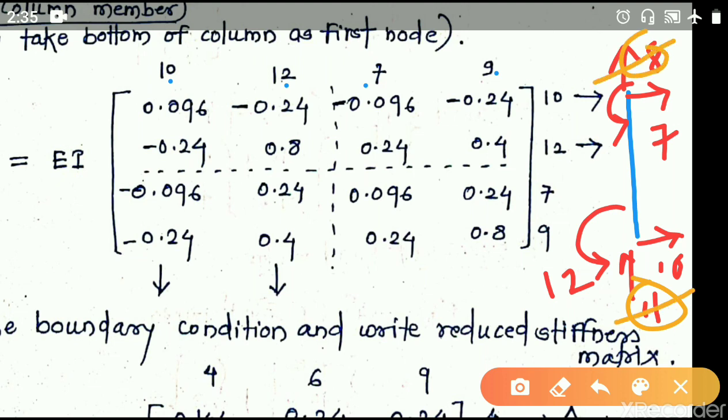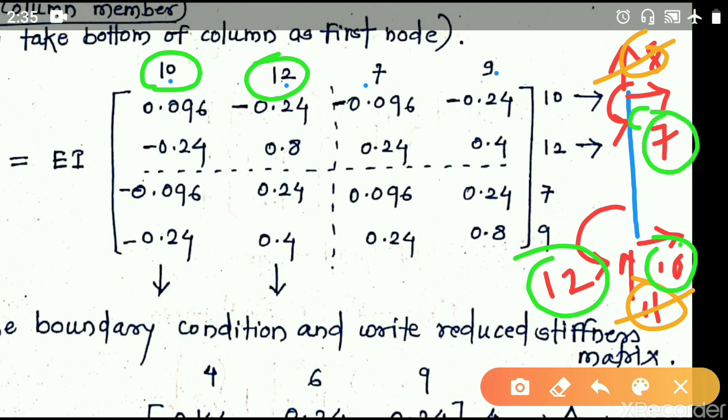Neglect those, that is the axial displacement along the axis of the column. So what you need to consider now is the displacement, first horizontal then rotation, that is 10 and 12, and then at the next joint, C, 7 and 9. Similarly write for each row: 10, 12, 7, 9.